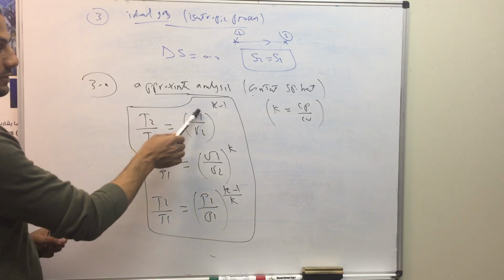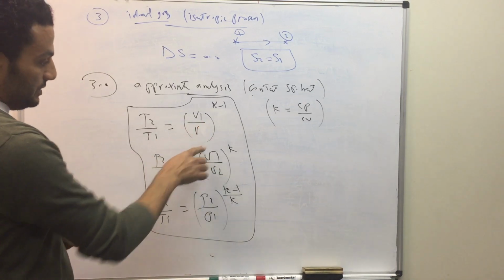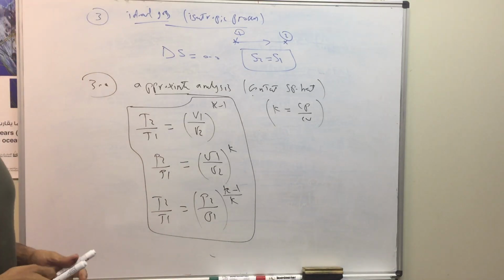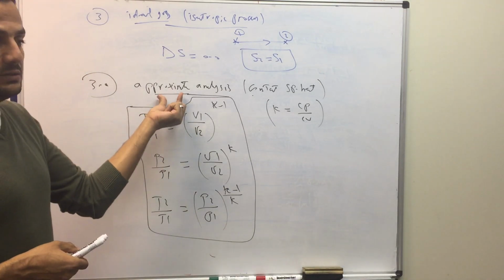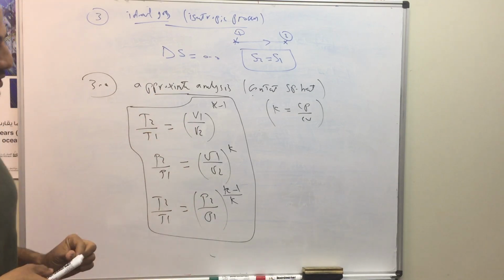If you have T2, T1, V1, we can calculate V2 also using this relation. So if we have an ideal gas undergoing an isentropic process, and you are asked to calculate using the approximate analysis, we can apply those three equations.